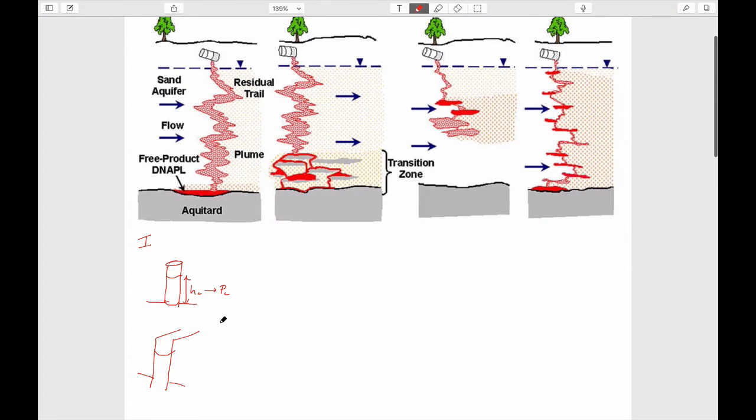a tube, which might be part of the pore space within a porous medium, or a fracture that might be one of the easy conduits for this to go down, then the capillary pressure differential within, can you see this, by the way, would be something like 4 times the interfacial tension divided by the diameter of this tube.